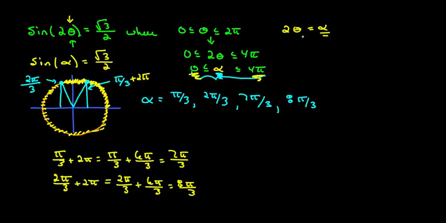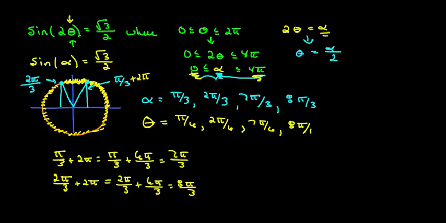But remember, alpha is equal to twice theta. So if I want to know what theta values work, I have to take all of those alpha angles and divide them by 2. So the theta values that work are pi over 6, 2 pi over 6, which I'll reduce in a minute, 7 pi over 6, and 8 pi over 6.